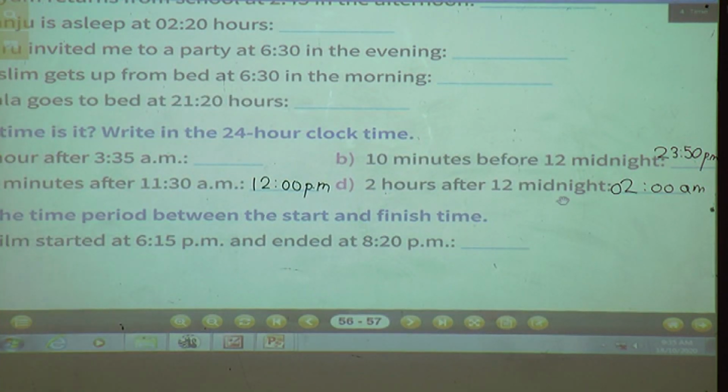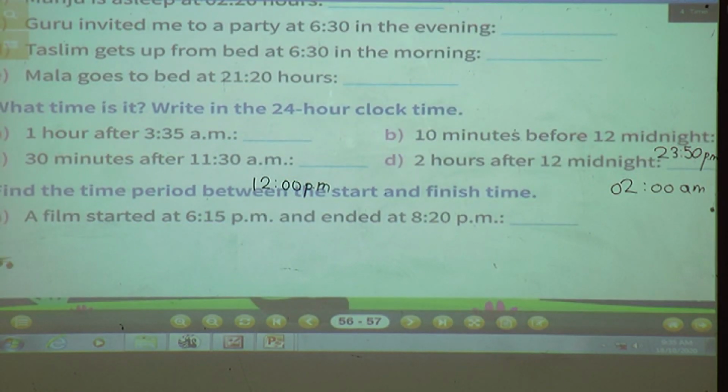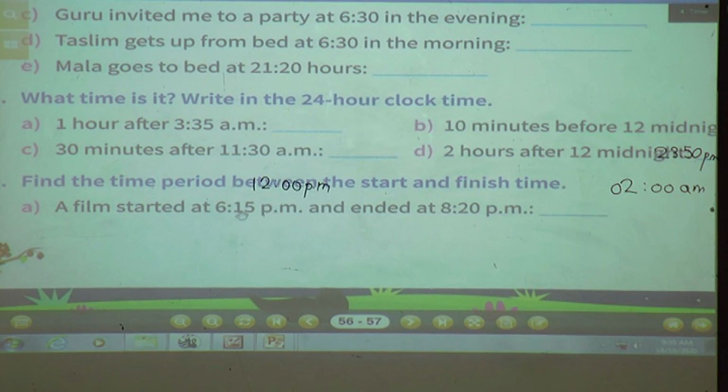This you have studied in your previous class. Now find the time period between the start and finish time. Here see, a film started at 6:15 PM and ended at 8:20 PM. So calculate the time, students.